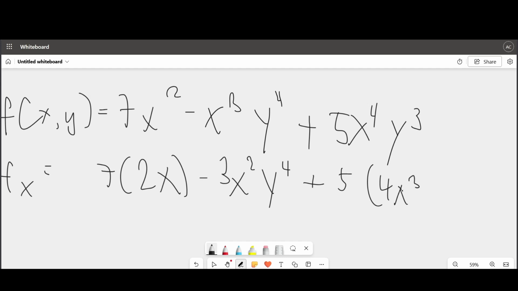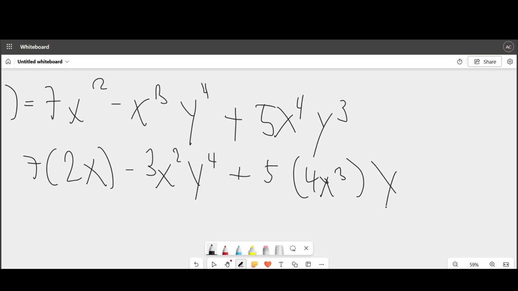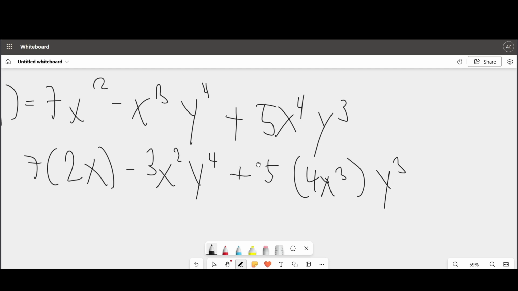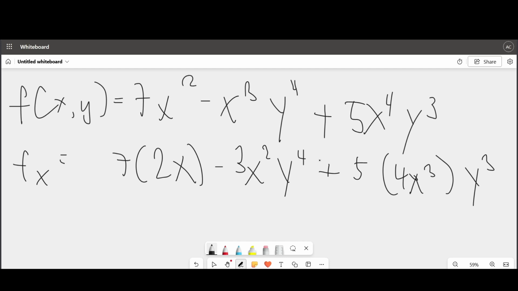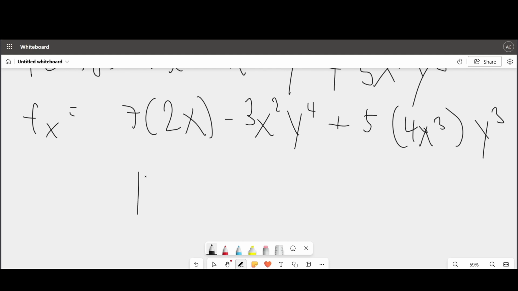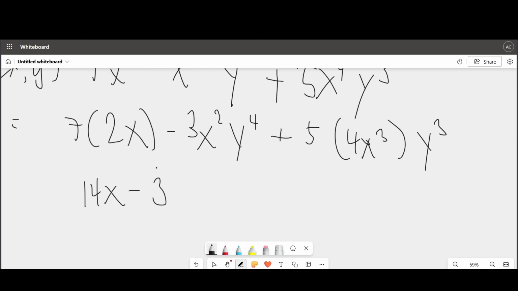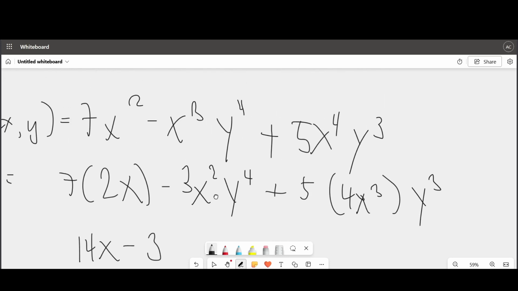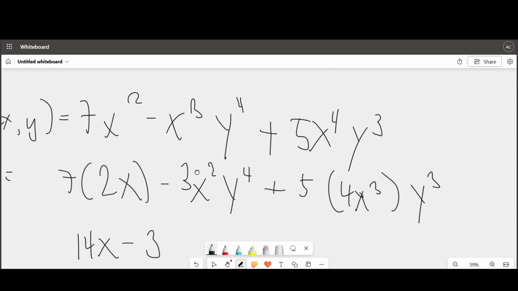So now we have 7 times 2x minus, what is the power rule of x cubed? It's basically just 3x squared, and then we just copy the y variables, because we're treating y as a constant here. Okay, so we just copy the y variables plus 5, hold on, 5 for x, 4x cubed times y cubed.